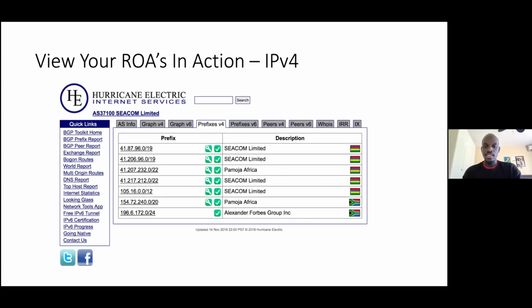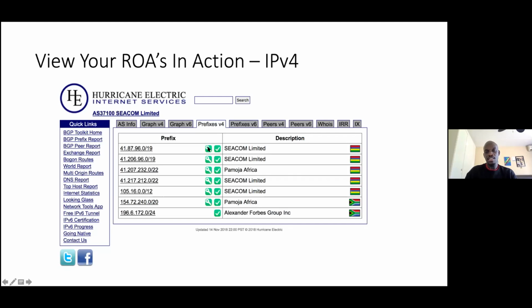So once your ROAs are created, you can actually use very many mechanisms on the internet to see that the public is seeing that the ROAs are there. I've used a very simple example of the Hurricane BGP tool, where you can see on the right-hand side is basically a tick, which shows that there is an IRR, a classical IRR entry in the WHOIS database, but on the left, there's a key.